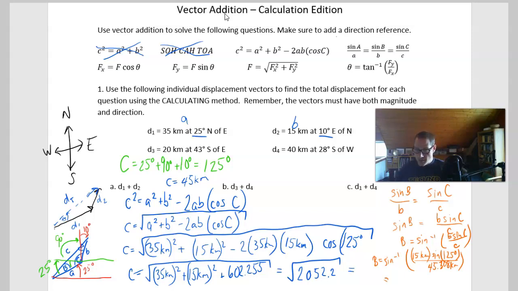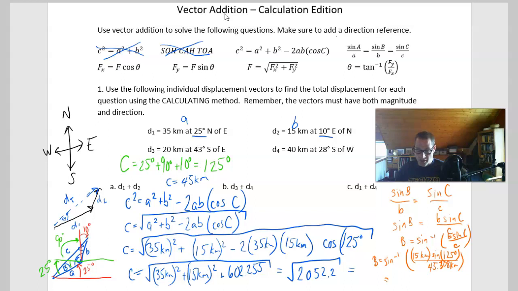Okay, so I'm going to do all the math. We're going to take 125, take the sine of that, multiply it by 15, and divide it by 45, sorry, 45.308.